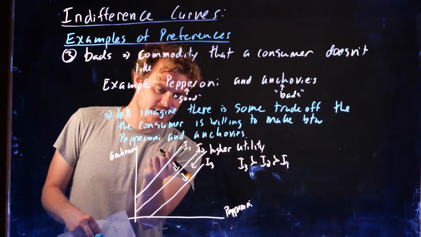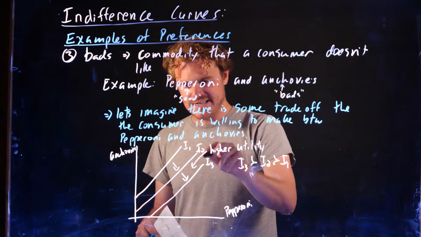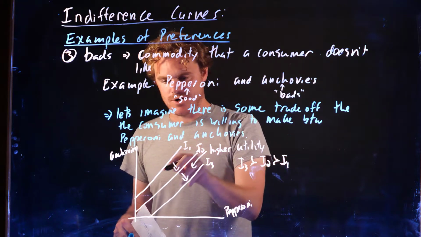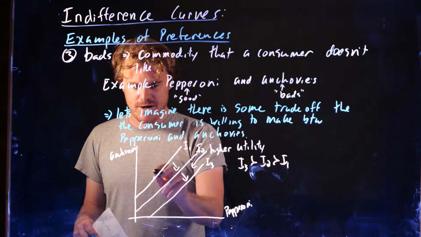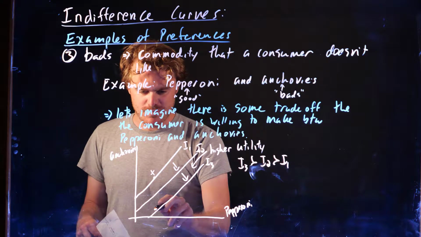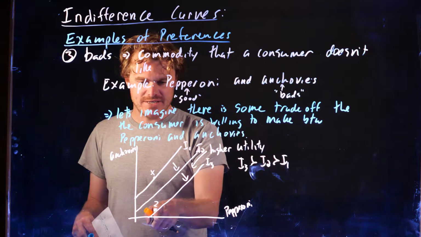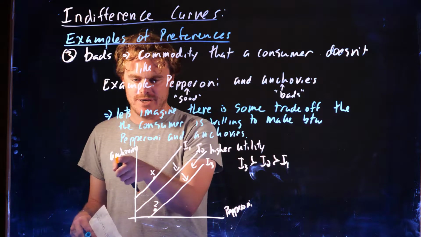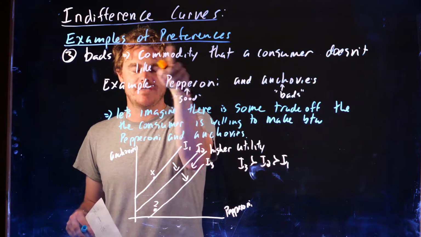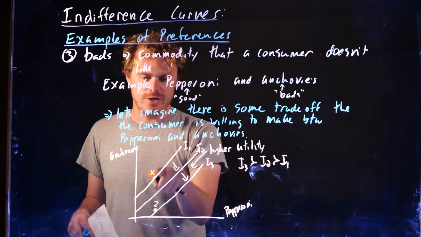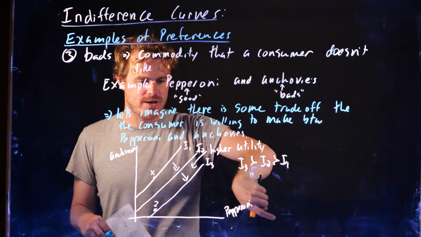Higher utility goes this way. It makes sense when you look at the indifference curves. With this bundle on I1 and this bundle on I3, we have the same amount of pepperoni, but with bundle X, we have more anchovies. And since anchovies is a bad, this should have lower utility. So it makes sense that utility goes up as we go this way.